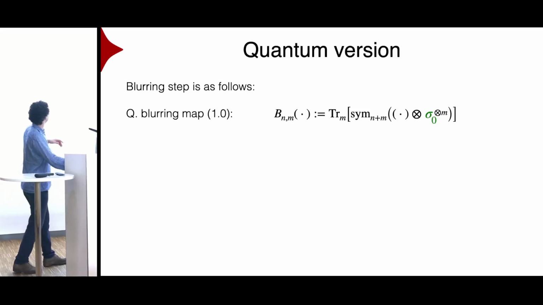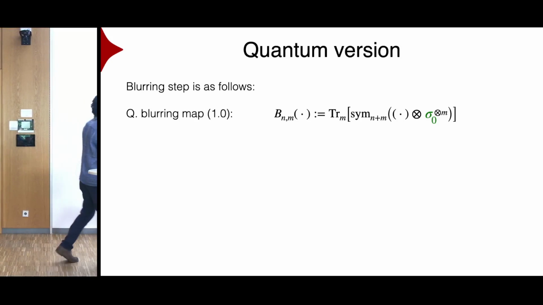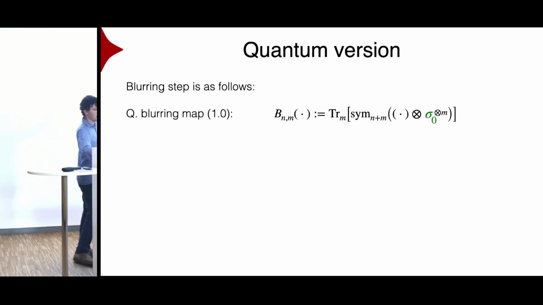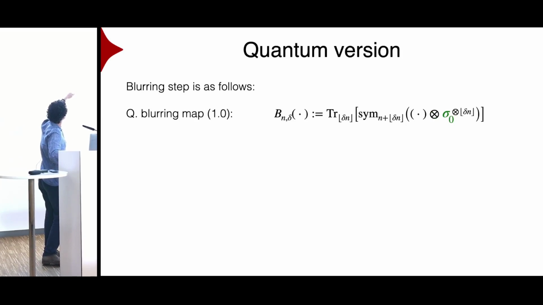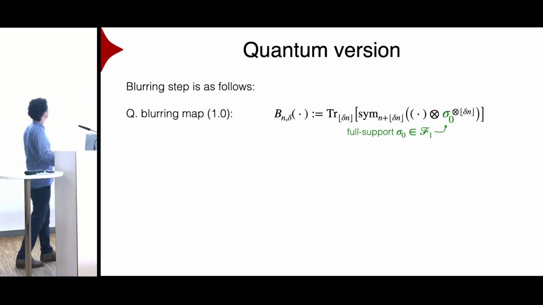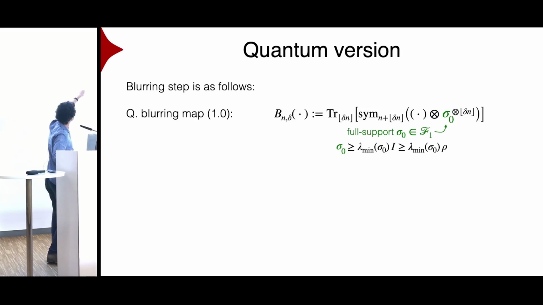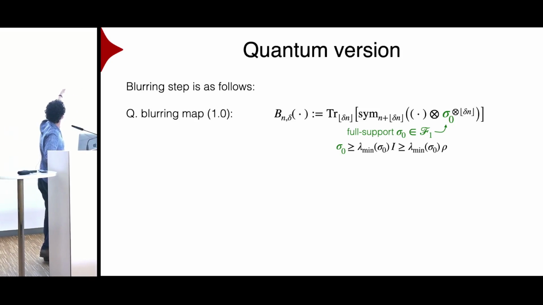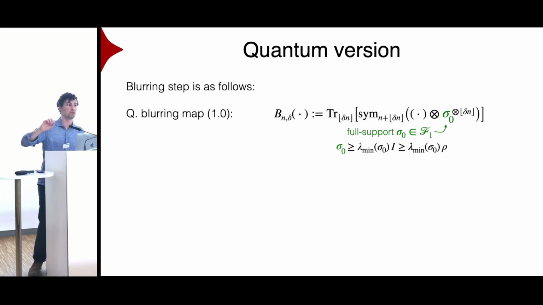Okay, so constructing the blurring map takes a few steps. You can start from a simple version, which is exactly the equivalent of the classical one. You can take m to be a small fraction of n, and this is fine. Now, instead of a free full support state, you can say, since we have a fixed reference state rho, why don't we blur by adding copies of rho?